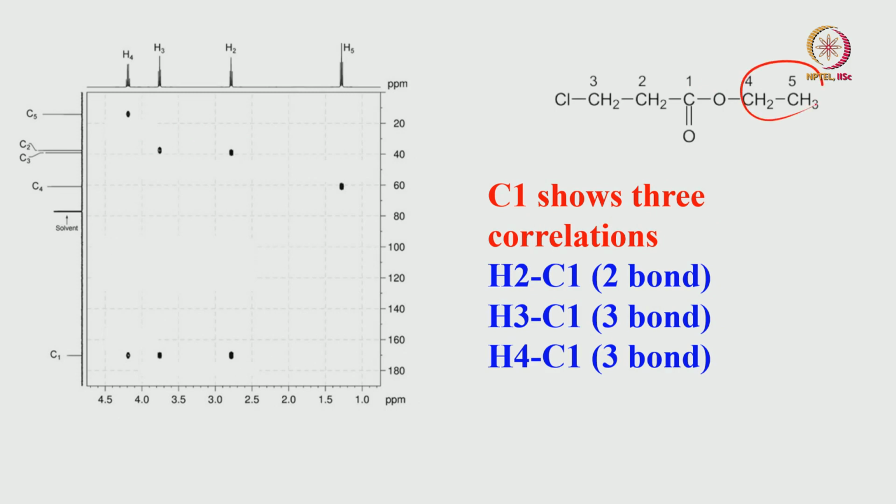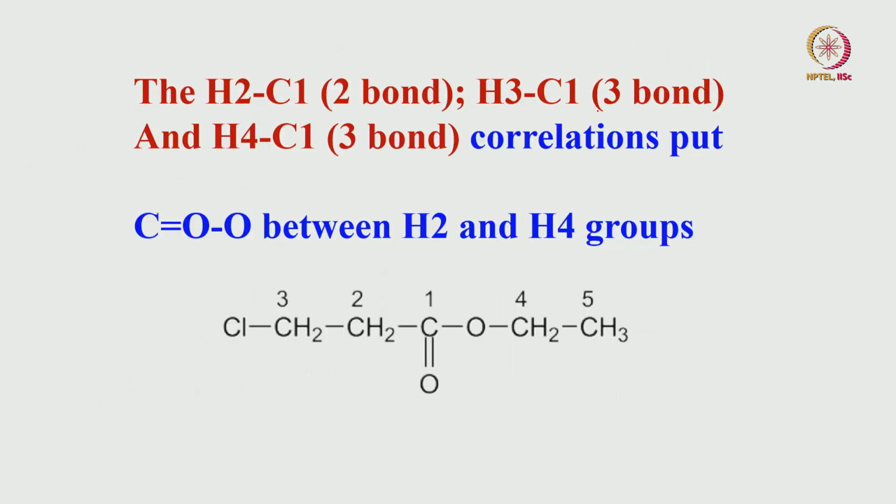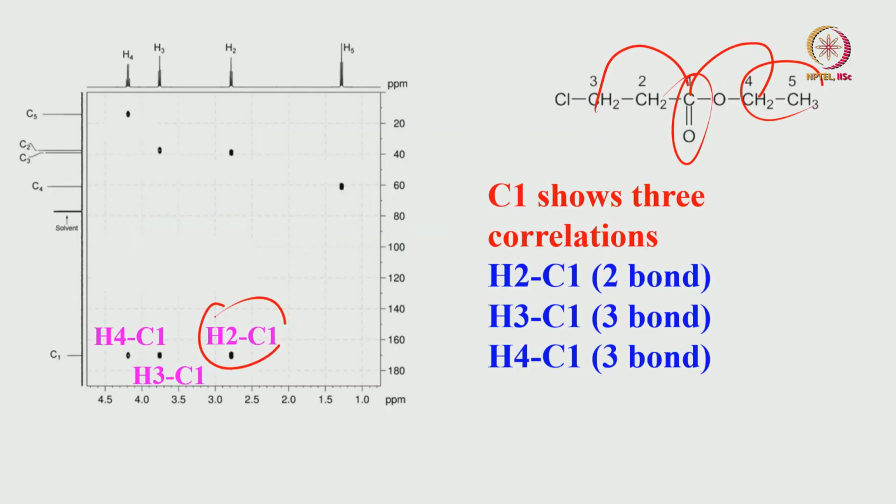But if you look at one more carbon, which is not attached to proton, that is CO carbon. The CO carbon shows 3 correlations. One is C1 to H4. Other is C1 to H3, long range correlation, 3 bond, and C1 to H2 here, 2 bond.